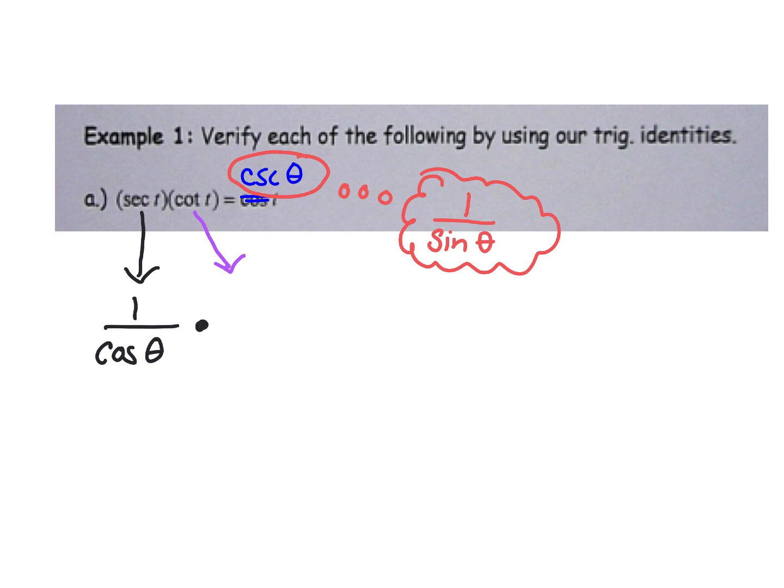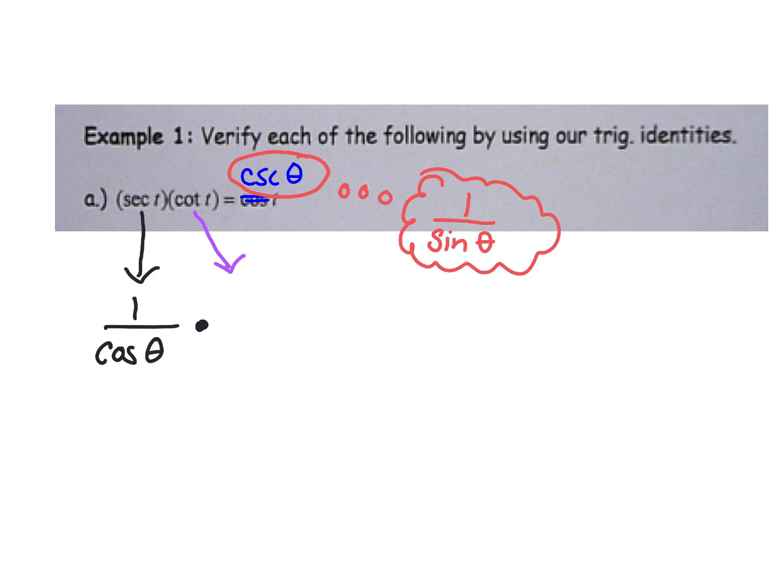How would I do that? Go ahead, Parker. So that's true, but I wanted it in terms of sine and cosine. So you're looking at the quotient identity. Oh, cosine over sine. Yes.